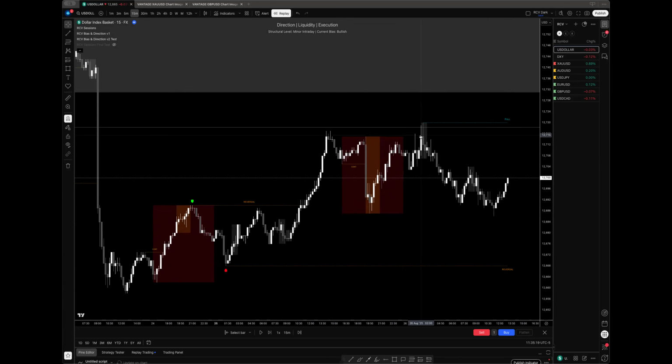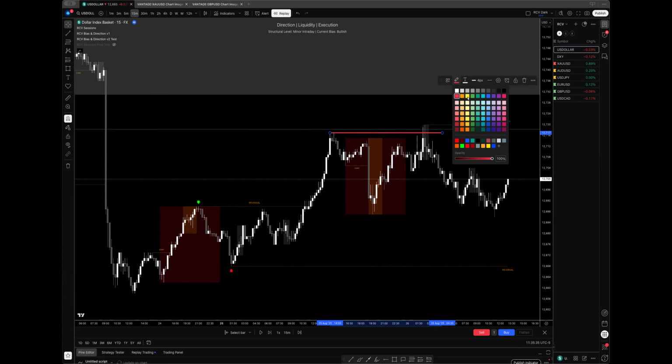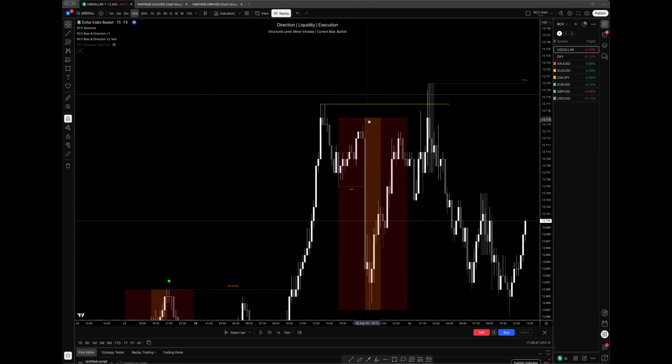So on Tuesday, I had my Asia session bias here, and I was going to look for a London position. My London position came from a sweep model here. So the sweep model, let's say, came in from here. We have one resting high.